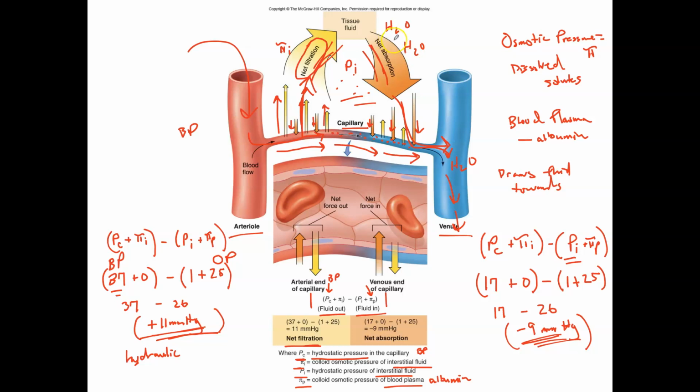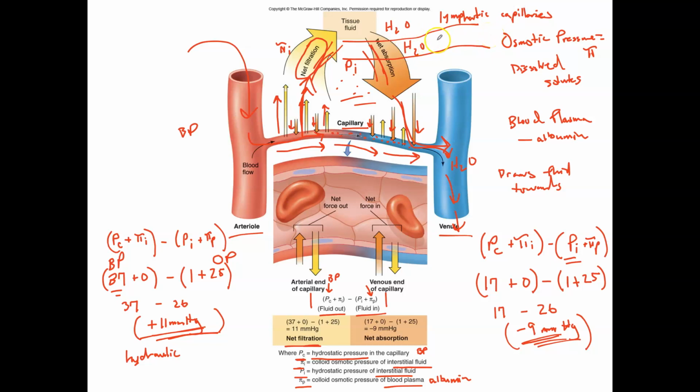And so where is that excess water going to go? Well, let's draw in another vessel here. Let's put some other vessels that are moving through our tissue spaces. And those other vessels are going to be lymphatic capillaries. So your lymphatic system is going to pick up extra fluids and then return that to the cardiovascular system.